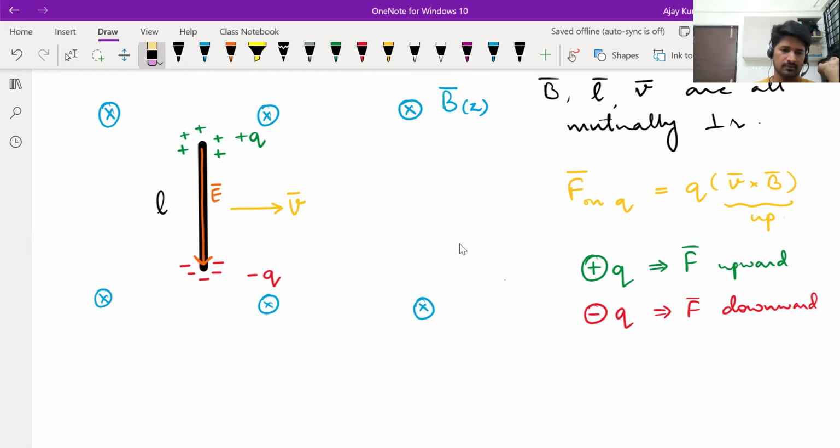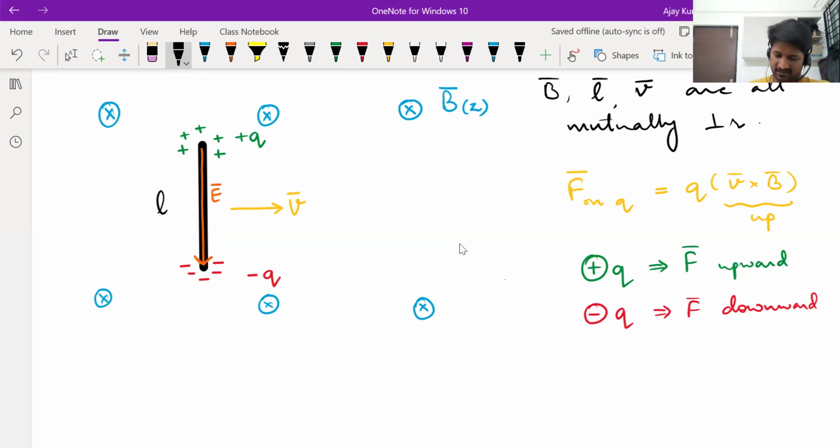What is making the charges get separated inside that conductor? What made positives go to one side and negatives to the other side? Magnetic fields. The magnetic force acting on the charges.